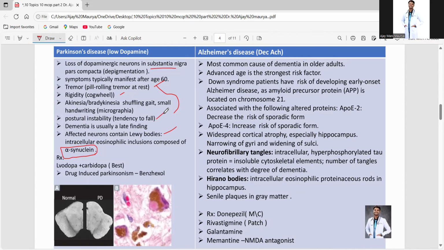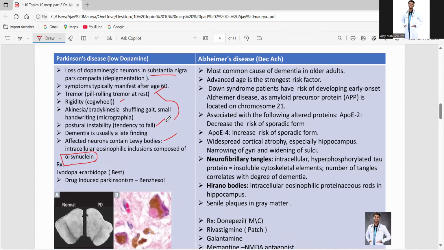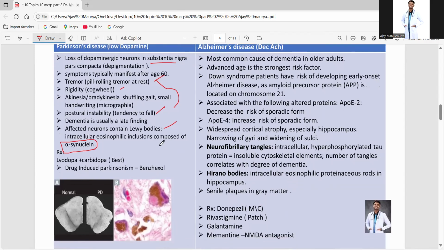In Parkinson disease, the patient will always fall forward, not backward. That's how they're going to ask here. And also there is the Braak hypothesis: in the early stage there is a loss of smell, anosmia, plus constipation.